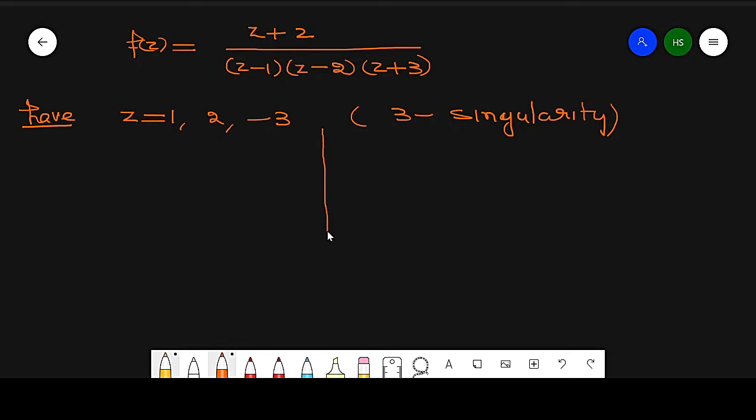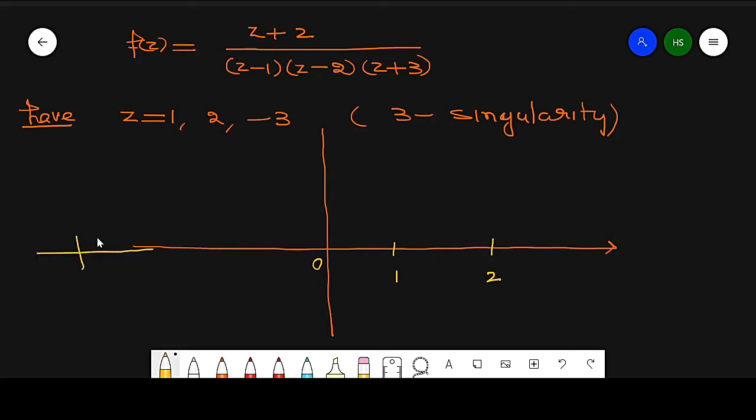In the two-dimensional plane, first I check the point 1. This is the origin, this is 1, this is 2, and suppose here it is minus 3.